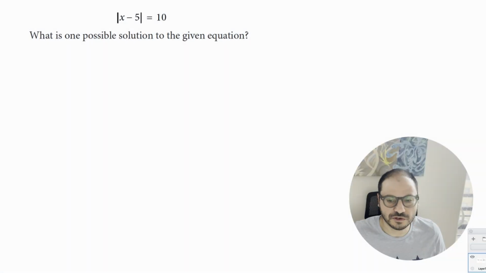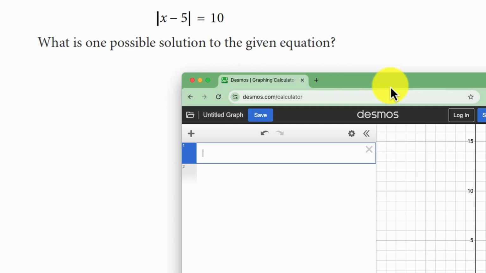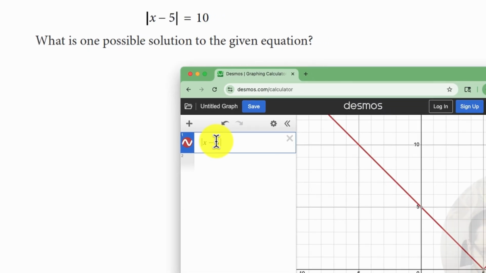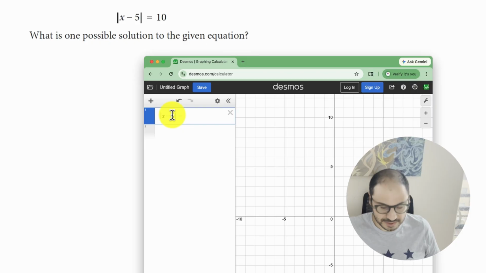Sorry, this isn't a regression problem, but I guess now that it's on here, let's just go ahead and do it. It's actually pretty helpful to know how to do absolute value problems on Desmos. The key to getting the V, the absolute value graph, without solving it, is just to put everything on one side. So absolute value of x minus 5 and then subtract 10.